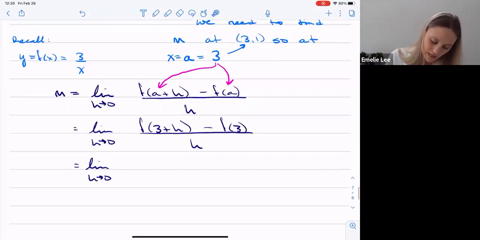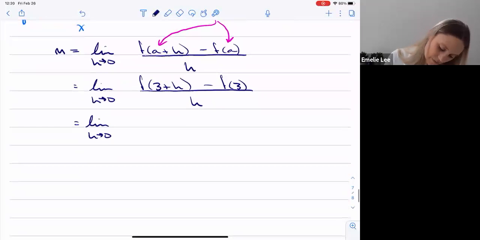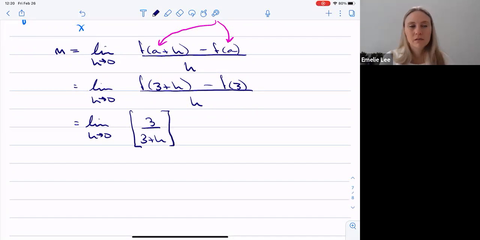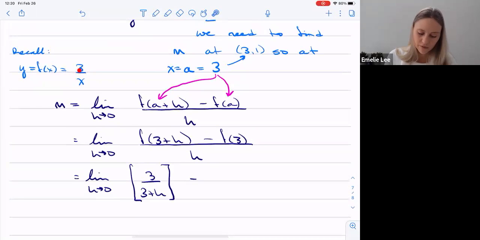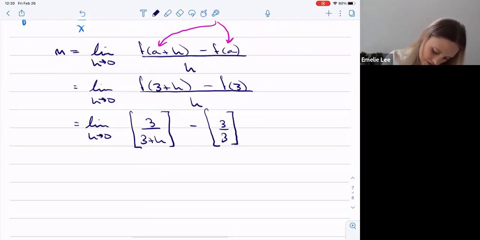So I get the limit as h goes to 0. f of 3 plus h is 3 over 3 plus h. I'll put big square brackets around it just to keep them separate. Minus f of 3, and f of 3 is just 3 over 3. Again, I'll put big brackets around them, but you don't have to.